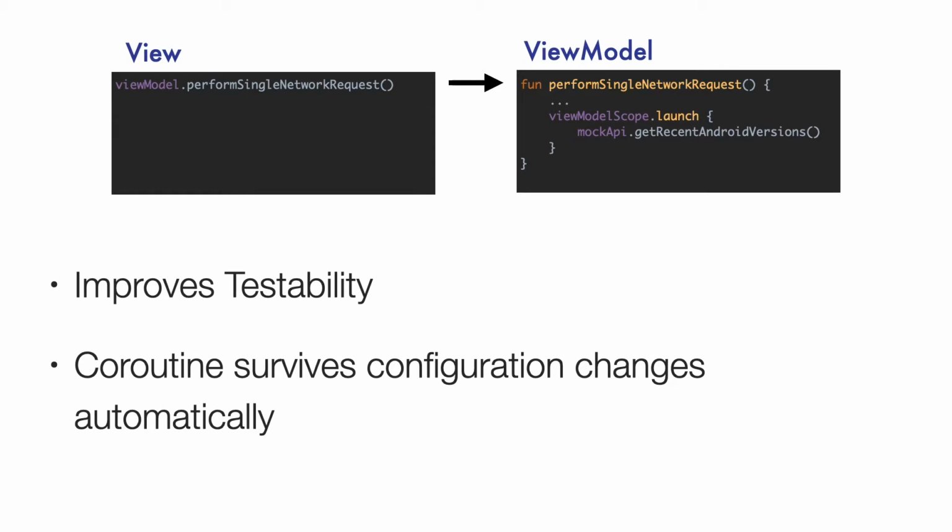The second benefit is that our coroutine will survive configuration changes automatically. This is because the ViewModel scope is not cancelled when the view is destroyed during the configuration change process. If you, on the other hand, launch your coroutine from the view with the lifecycle scope, like we did in the other option, your coroutine will get cancelled on configuration changes and you will have to manually restart it.